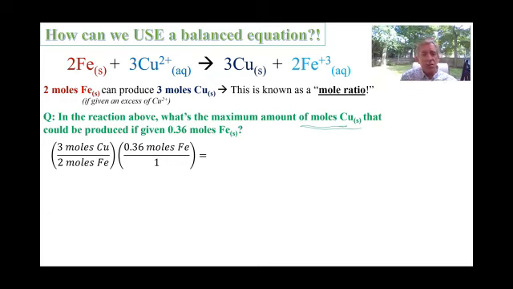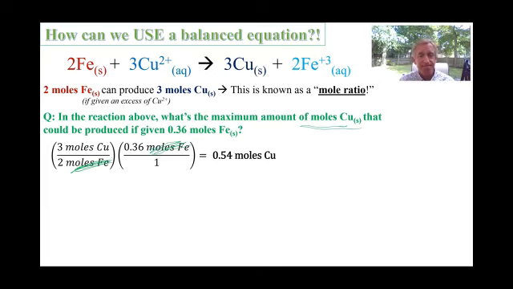And now all I have to do is cancel moles of iron. If I multiply it times 0.36, then you can see that the moles of iron in the 0.36 cancels with the moles of iron in my mole ratio. And notice the units I get for my answer are going to be just moles of copper. So I highly recommend you do it this way. You could also have started with the 0.36 as your very first ratio and then stuck in the mole ratio. Okay?